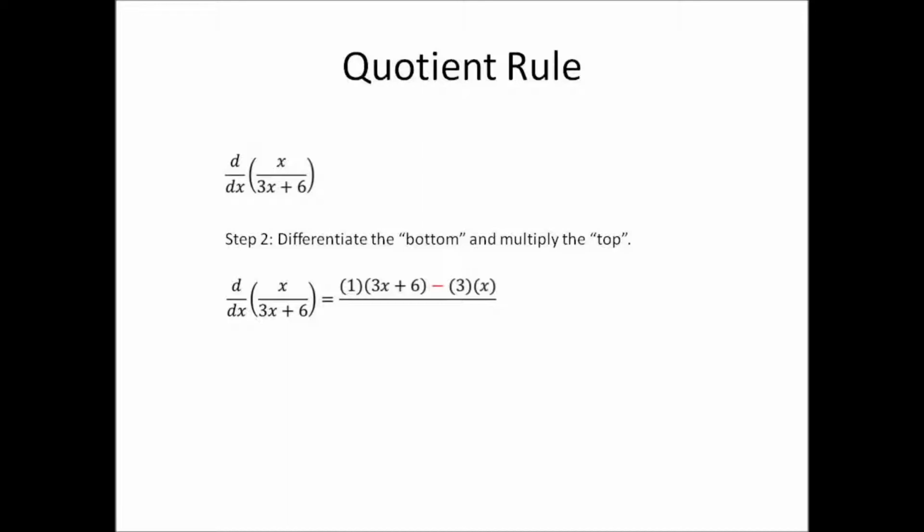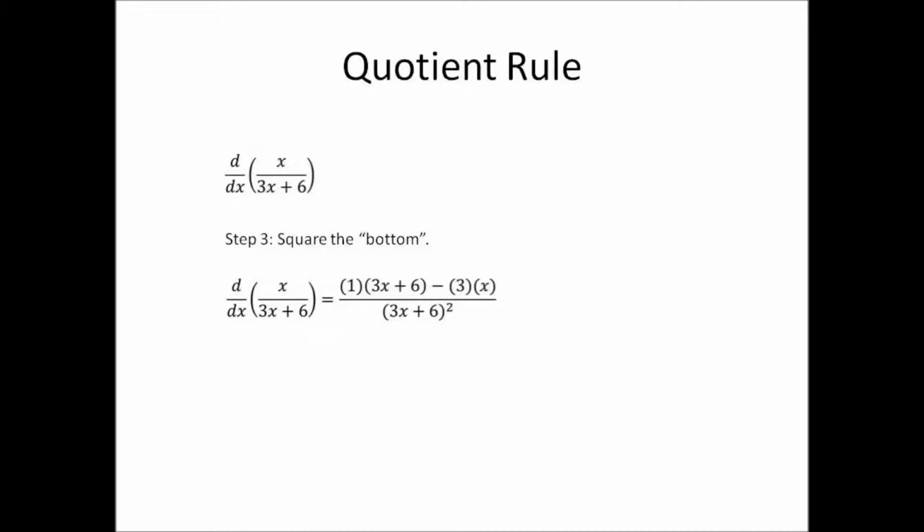If we continue to differentiate the bottom, differentiating 3x plus 6 will give you a 3, and we are going to multiply the numerator, which is x. So in summary, we have 1 multiplied by 3x plus 6, which is developed in step 1, and minus 3 multiplied by x, which is the step 2 product.